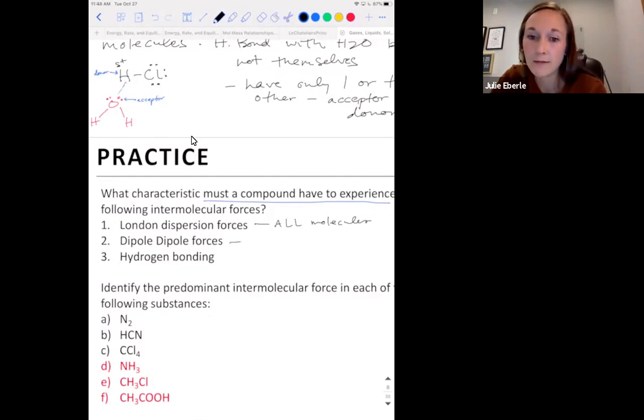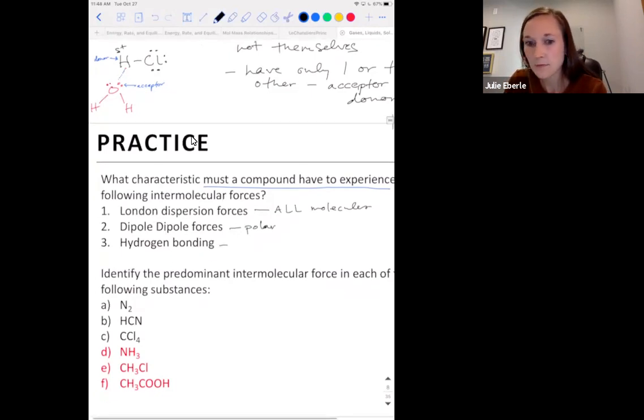What about dipole forces? You have to be what? Polar. That's right. Thank you, Allison. You have to be a polar molecule to have a dipole. And hydrogen bonding, what are the requirements there? There are two. Put it in your own words if you want.